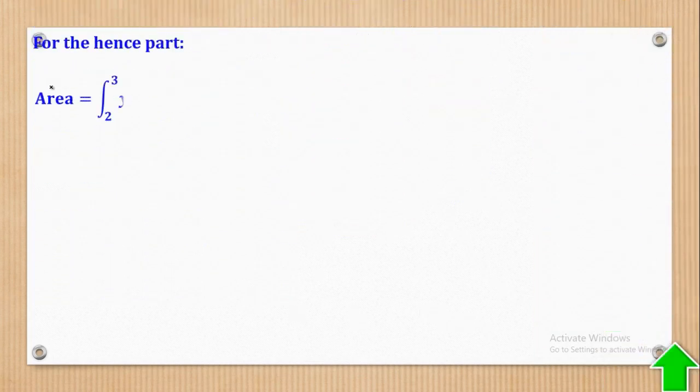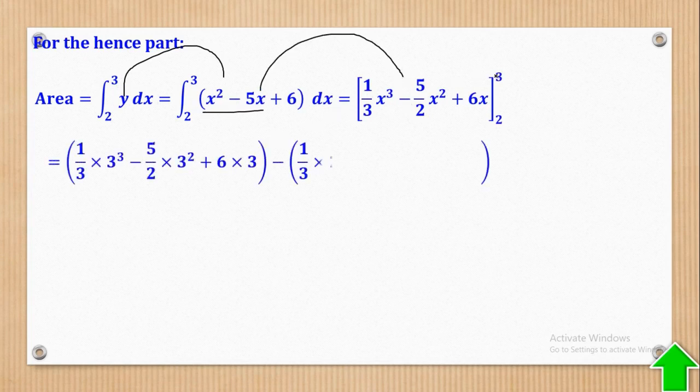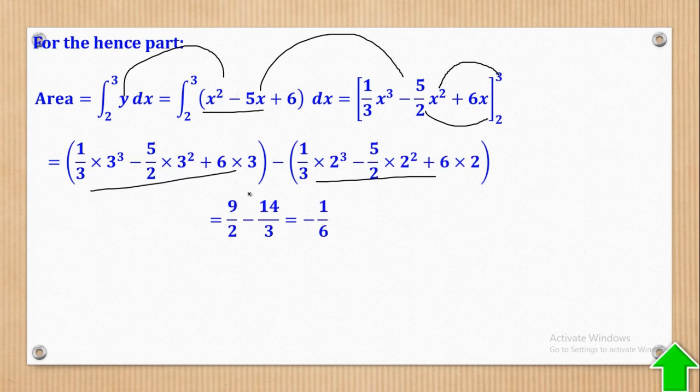Then for the hence part, area is equal to the integral of y from 2 to 3. So y was this, therefore when I integrate this, I'll come up with this. Then substitute the limits, start with the upper limit to give you this bracket, followed by the lower limit to give you this bracket. Then simplify to come up with -1/6. So what does that mean?